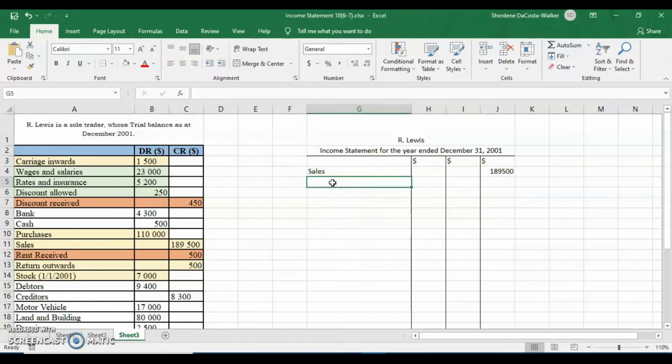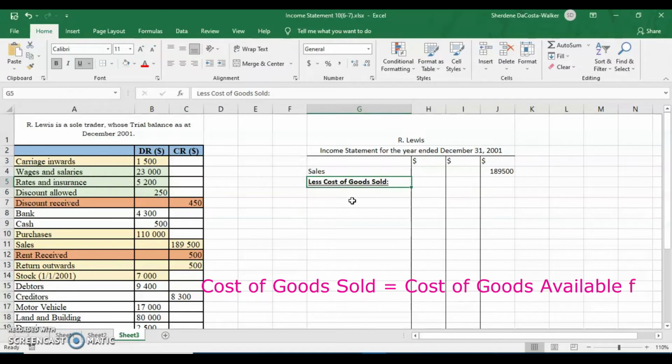The next thing you have in your income statement or the trading and profit and loss account is your heading less cost of goods sold. I'm going to underline and ensure that this is bold. So cost of goods sold is actually my cost of goods available for sale minus my closing stock.